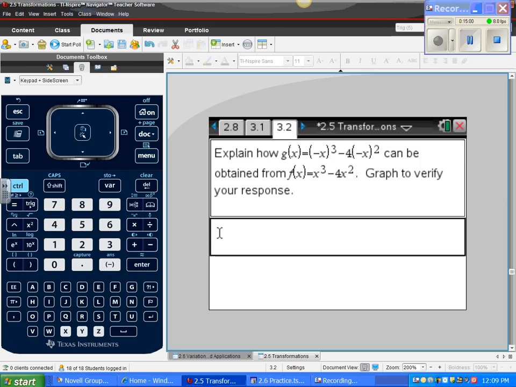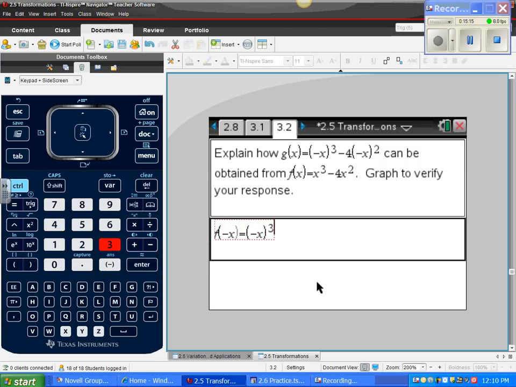Okay, so the first thing that we're going to notice is that f of negative x is negative x cubed minus 4 times negative x squared, right? So what that is, is g of x.